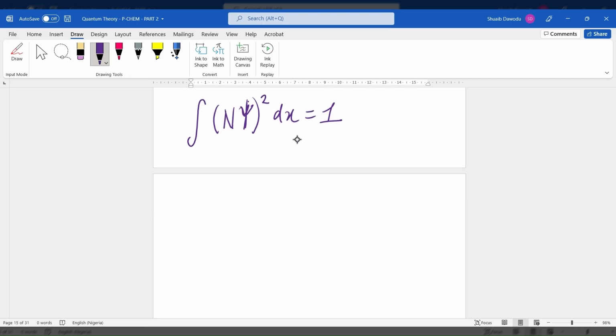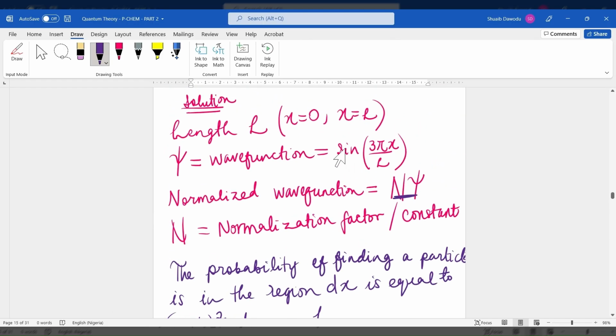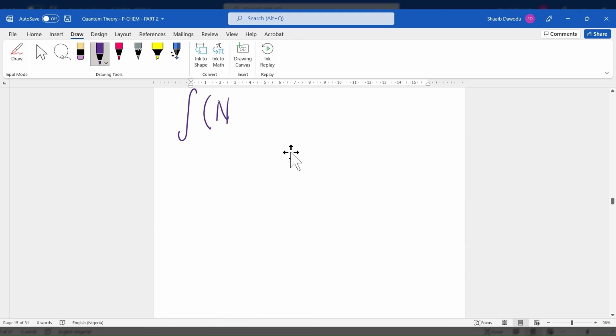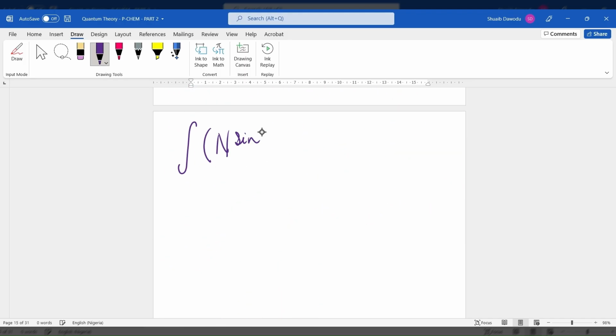So that would mean having the integration here of N times the wave function that we're given. The wave function is sine 3 pi x over L. So, N sine 3 pi x divided by L, all squared dx, is equal to 1.